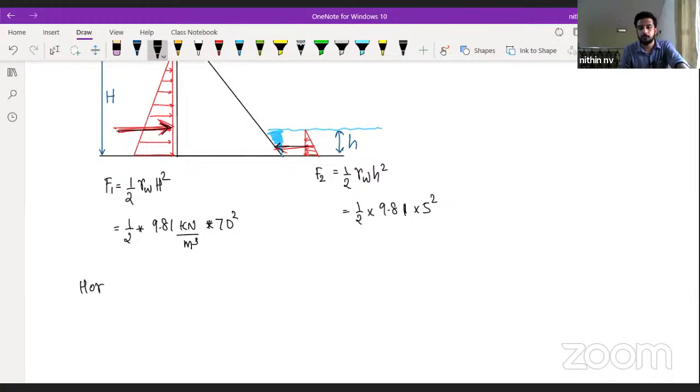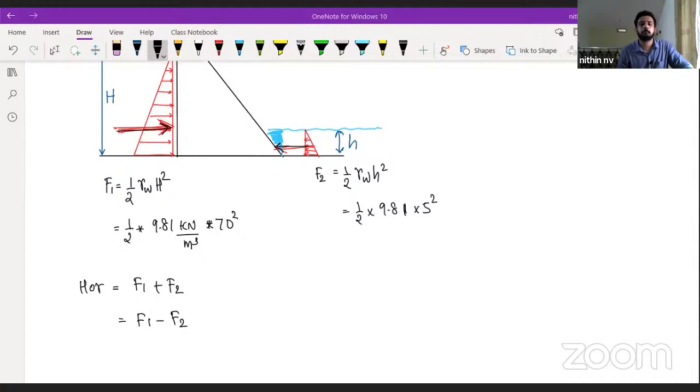Is it F1 plus F2 or is it F1 minus F2? What should I take? Yes, very good, I am already getting the answer. F1 minus F2, because it is in the opposite direction. So how much are you getting?